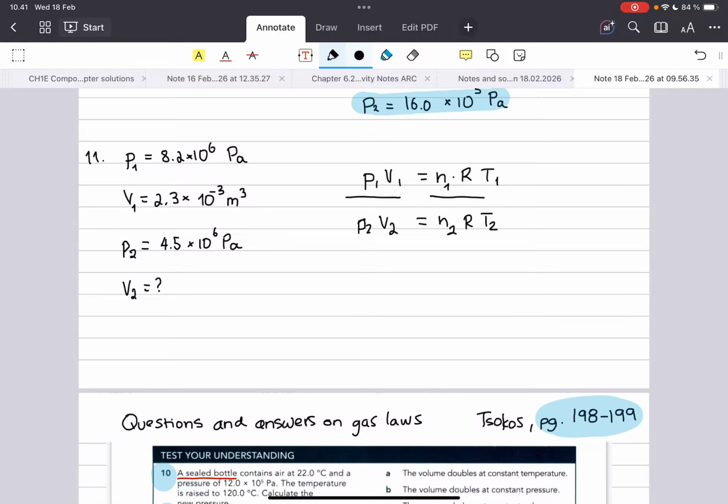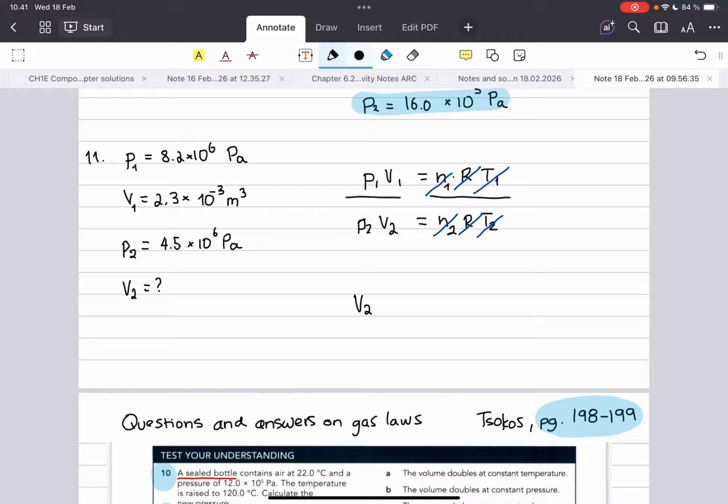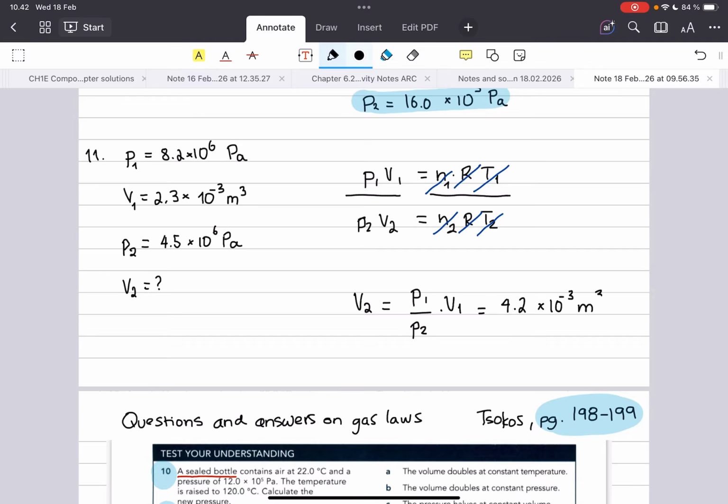You divide both sides, and temperature is the same, gas constant is the same, number of particles is the same, and if you need to solve for V2, V2 will be P1 over P2 times V1. So, if you use the numbers and substitute here, you will get that V2 is 4.2 times 10 to the negative 3 cubic meters. There you go. So this was question 11, and this is the final answer for question 11.